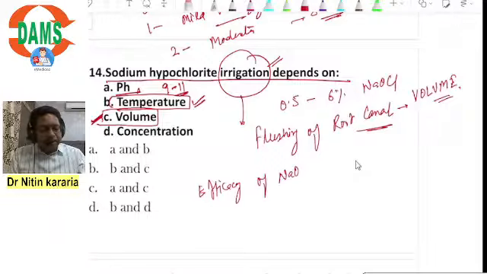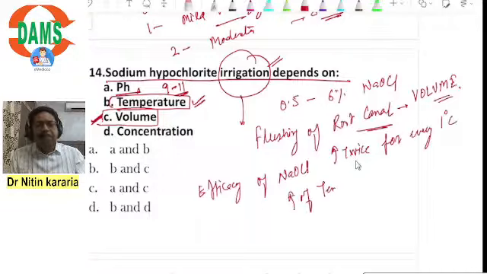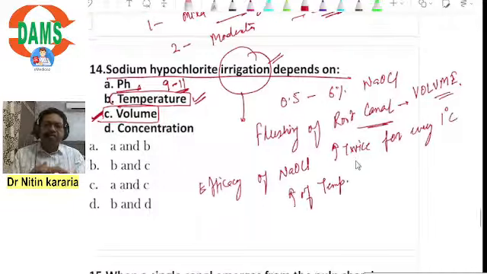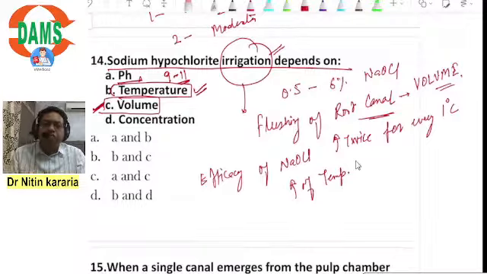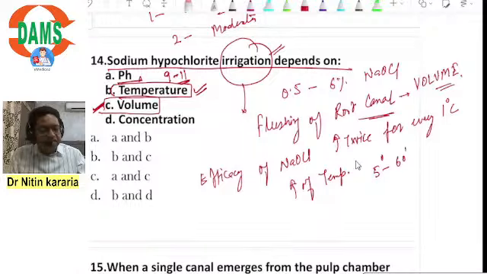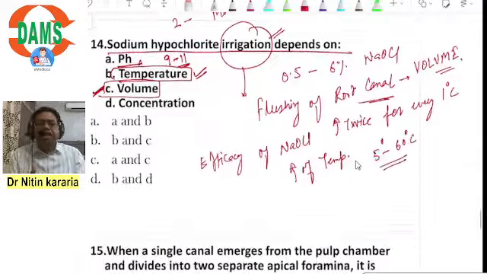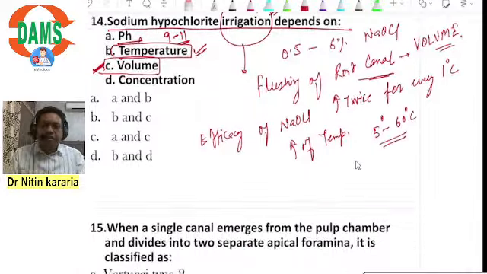It increases to almost twice for every 1 degree Celsius increase of temperature. Whenever we increase the temperature by 1 degree Celsius, the efficacy to remove the necrotic debris from the root canal and dissolve the pulp tissue is almost twice, and this is generally in the range of 5 degrees to 60 degrees Celsius. So heating sodium hypochlorite definitely increases its efficacy.